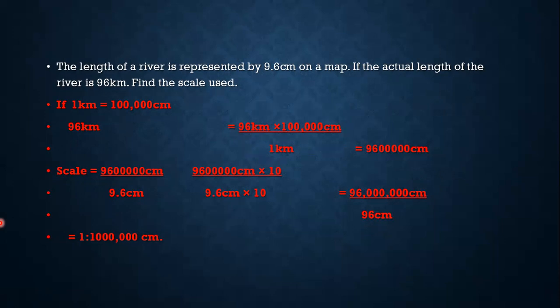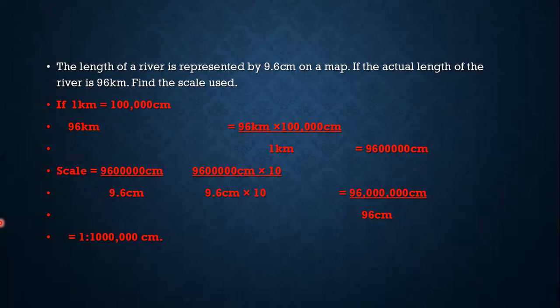Just know that when you're finding the scale used, the first thing you do is change the units to become the same. You look at the actual length, you change it to correspond to the length that is being represented, and then you divide. So whatever you get, you write your scale in a ratio form.